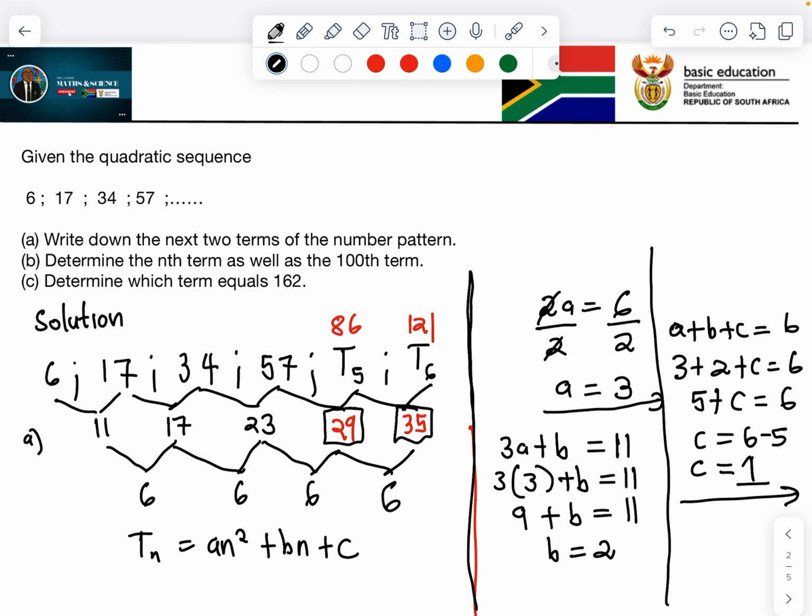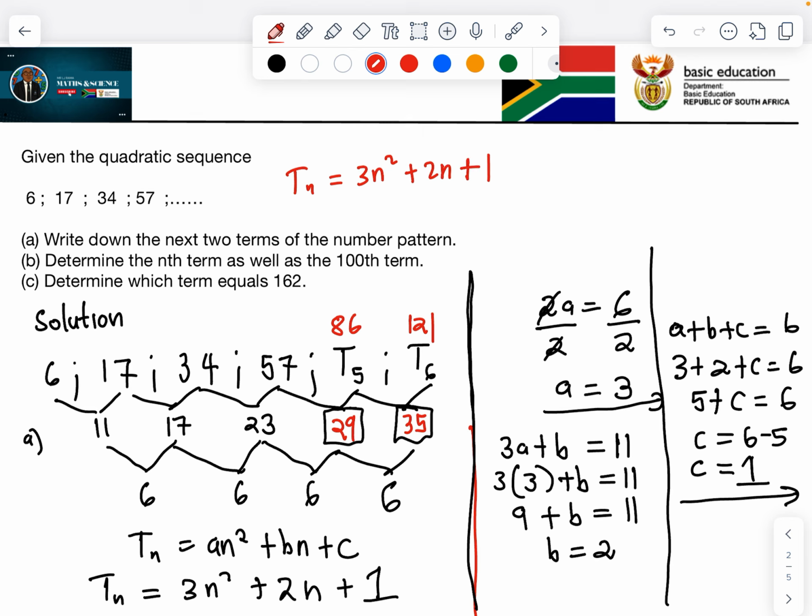Now we have all the constants a, b, and c, so we can substitute them into our equation. Our a is 3, our b is 2, and our c is 1. So our nth term, or our general term, is 3n squared plus 2n plus 1.